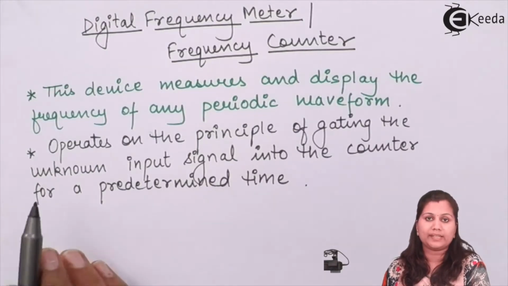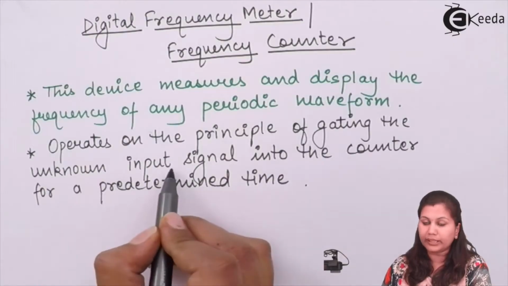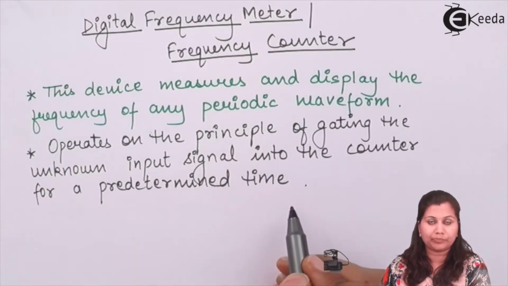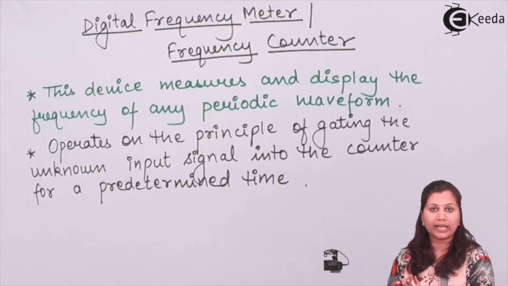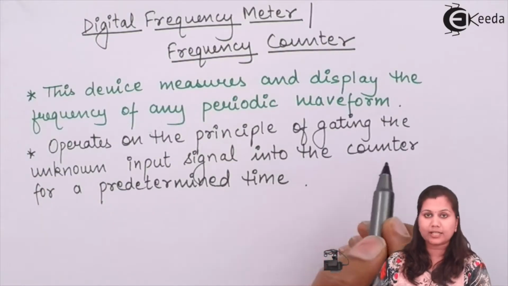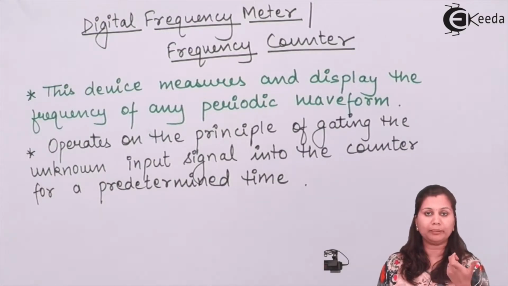This digital frequency meter operates on the principle of gating the unknown input signal into the counter for a predetermined time. The input signal whose frequency we want to measure, we gate and pass into the counter for a particular period of time, and this counter counts the number of pulses passed through it.